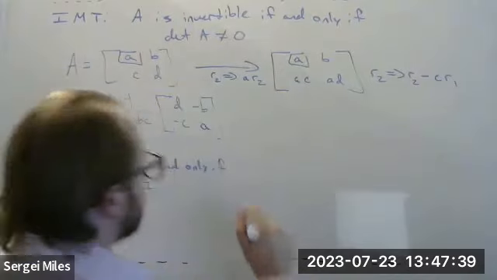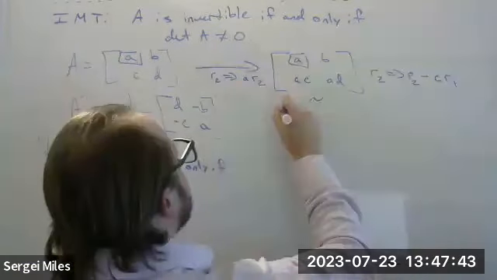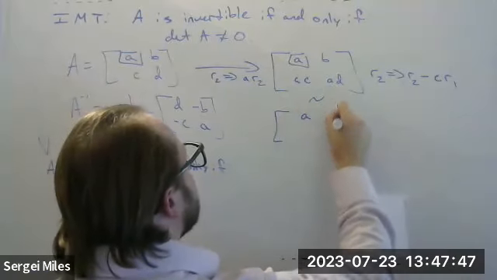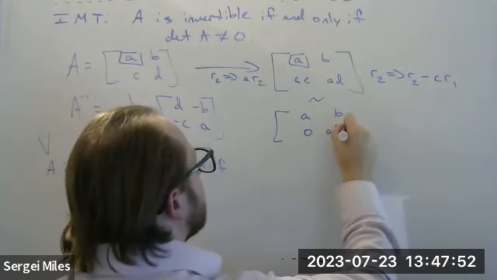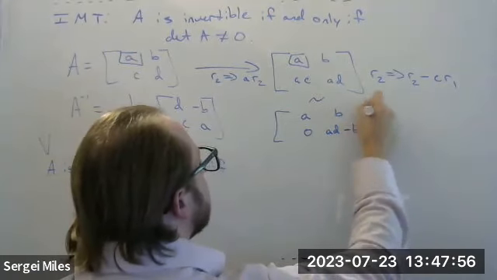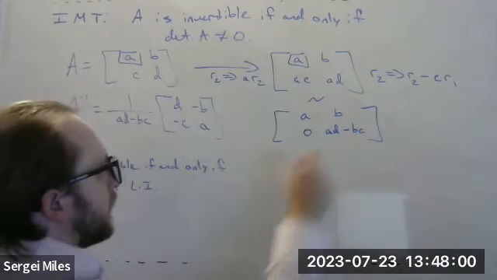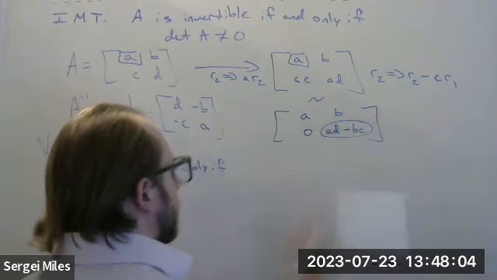OK, so what happens here? Well, when we do this, we're going to have A, B. It'll be AC minus AC, which gives us 0. And then we'll have AD minus CB, or I'll rewrite it as BC. Now, what just happened here? AD minus BC, we know that's the determinant.